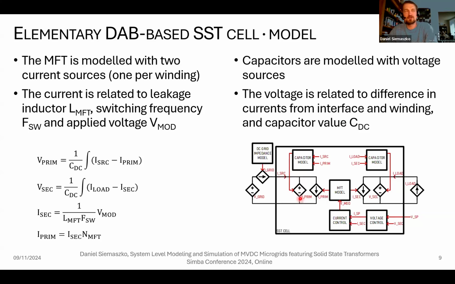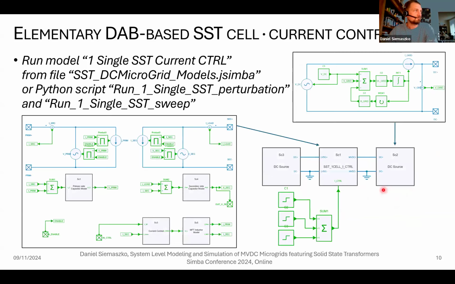We have a voltage source as a capacitor, a current source for each side of the MFT, a current controller and a voltage controller in a cascaded fashion. That's quite typical. You will find this in most of the references about dual active bridge.